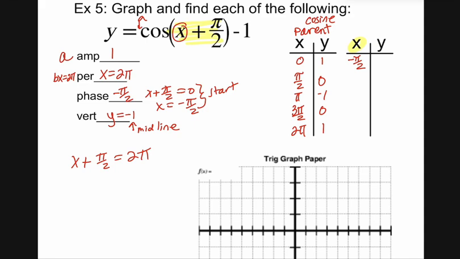Now 2 pi, here's where your love of fractions is going to come into play. I know how much you guys love fractions. 2 pi's, think 2 pizza pies, is 4 halves. So 4 halves minus 1 half is 3 halves.